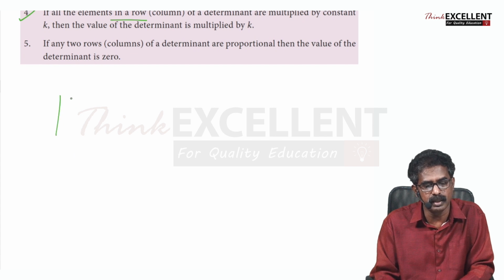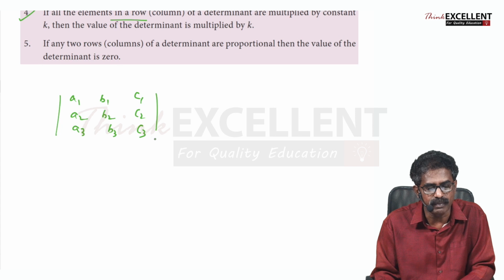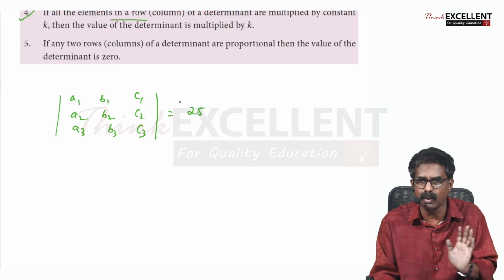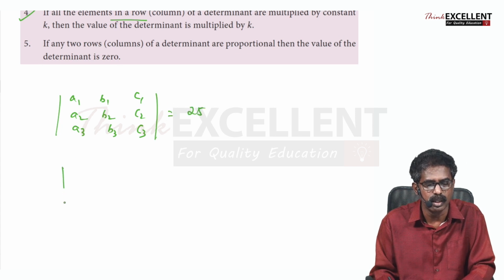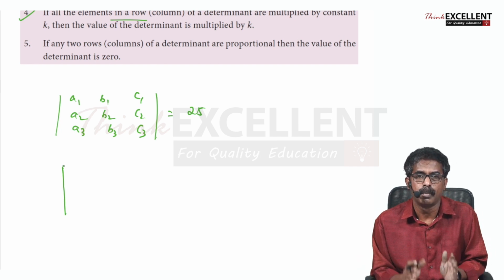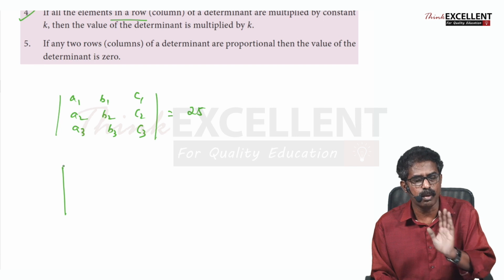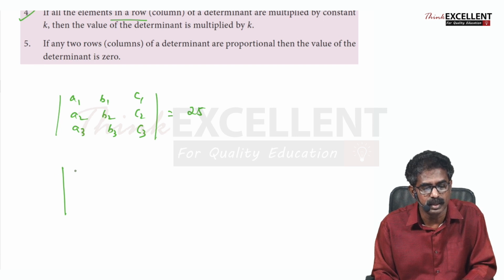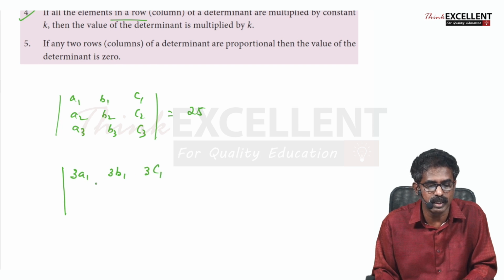Suppose I'm taking a determinant, say a1, b1, c1, a2, b2, c2, a3, b3, c3. Say its answer is 25 or delta, whatever it is. Now I'm going to multiply any one row or any one column by 3. For example, I'm multiplying the first row by 3. So what do you get? 3a1, 3b1, 3c1. No change in the remaining: a2, b2, c2, a3, b3, c3.